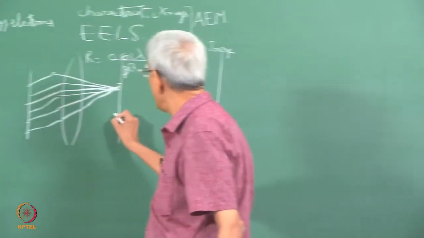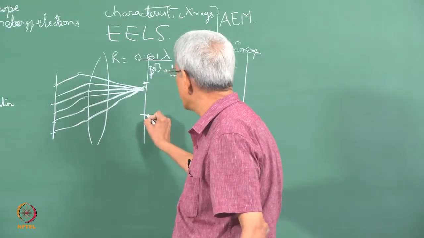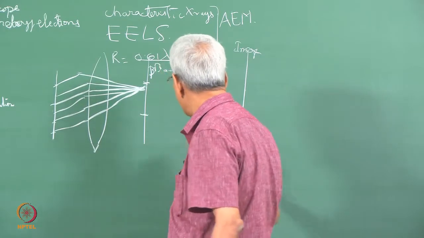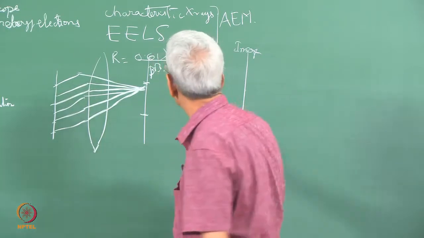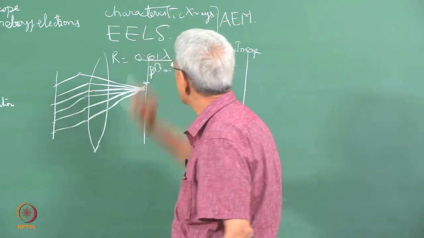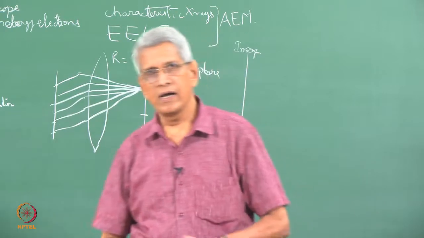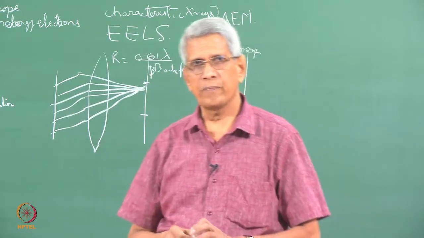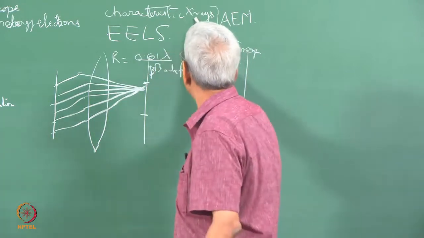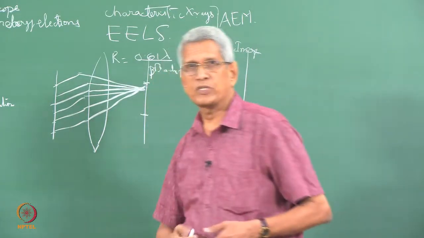So essentially when we use lenses, we get diffraction as well as microstructure information, using elastic scattering. Then when we use inelastic scattering interaction of the incident probe with the sample, we can get information about the chemical composition.